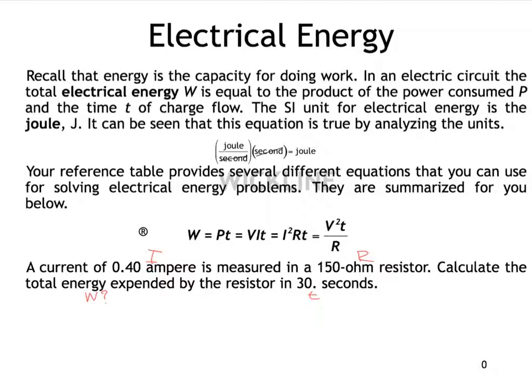So looking at the equations, we're looking for work, but we have a current, a resistance, and a time. So let's use W equals I squared Rt. I'm going to be doing 0.40 squared times 150 times 30. When I go through that calculation, I get 720 joules of electrical energy or work.